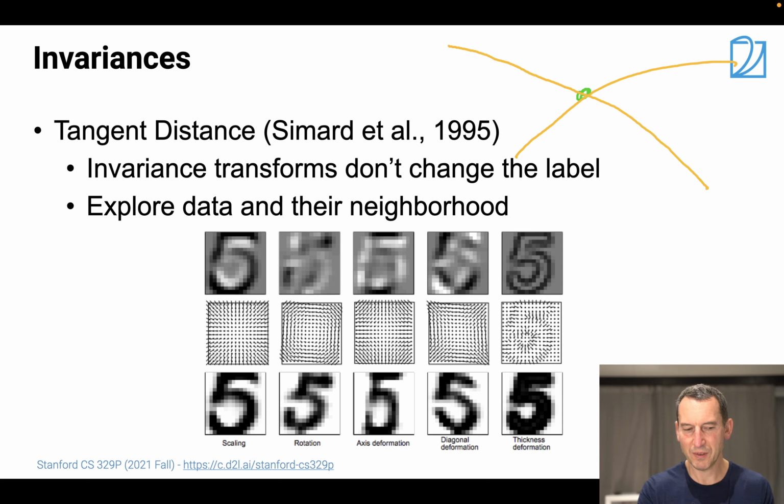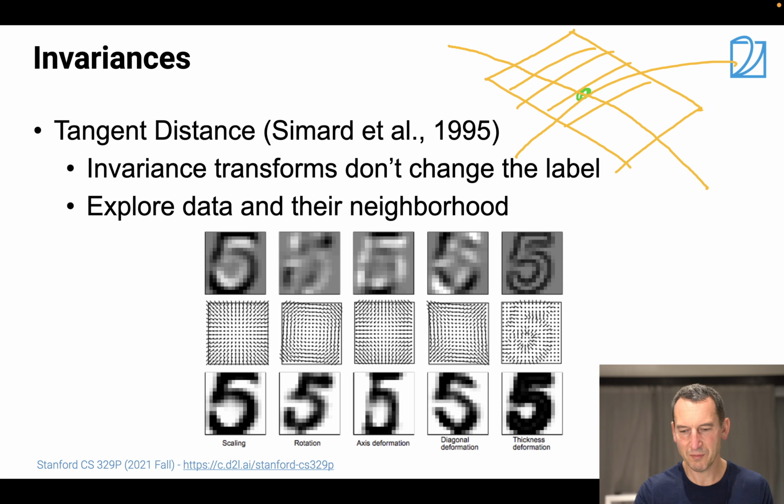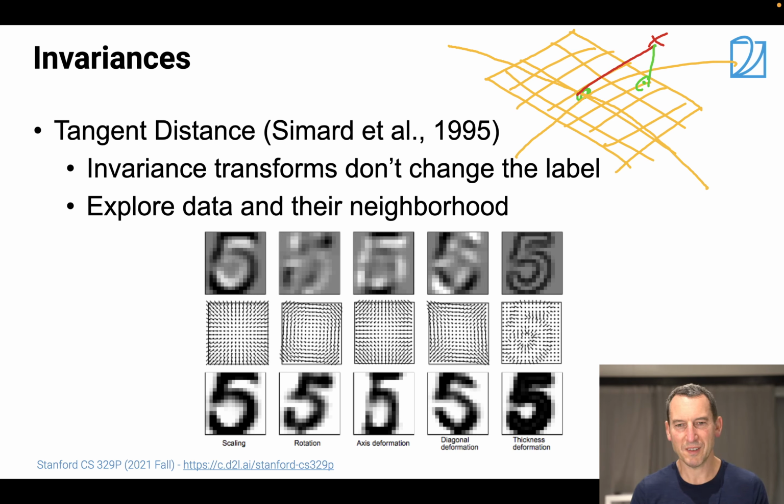I can look at the manifold of those invariance transforms. If I want to perform a query relative to that point, so if here's another point here, then I do not compute this distance, but instead I go and compute the distance to the manifold, and this is what's called tangent distance.